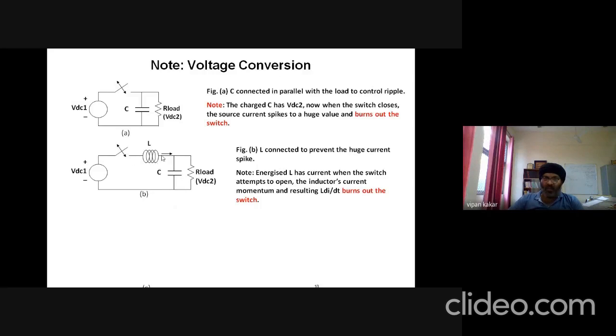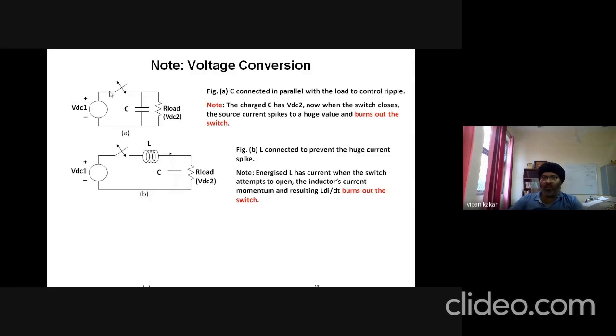Due to this huge L di by dt, due to the rate of change of current, huge voltage appears, and we know that when switch opens, this switch becomes open circuit, and almost all the voltage in the circuit will be applied at the open circuit. So abrupt application of the huge voltage at this switch can burn out the switch due to the over voltage.